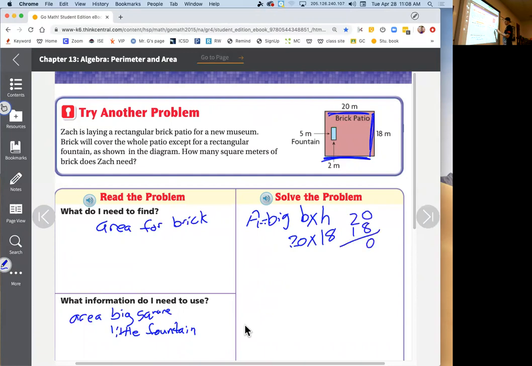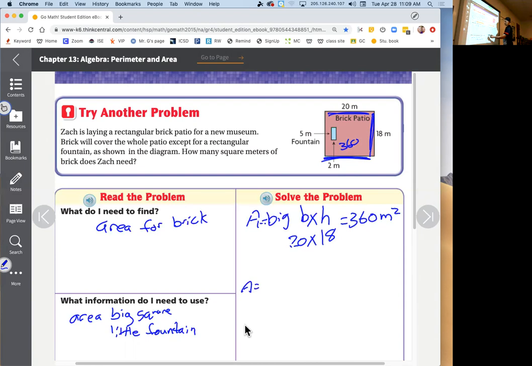8 times 0 is 0. 8 times 2 is 16. Put your 0. 1 times 0. 1 times 2. Now we add that up: 0, 6, 360. Okay, so the big one is 360. I'm going to erase this so that I can have more room for work. This is 360 meters squared. Now the area of the fountain.